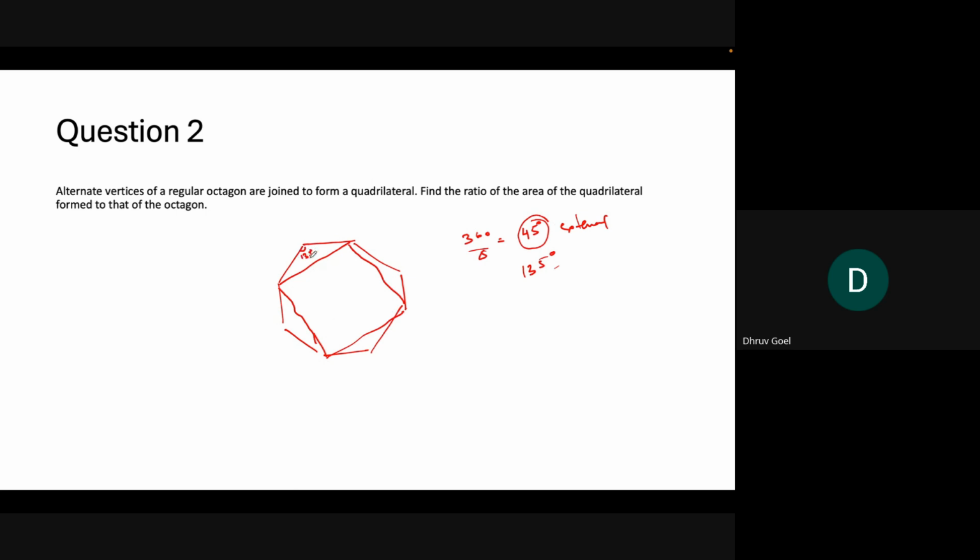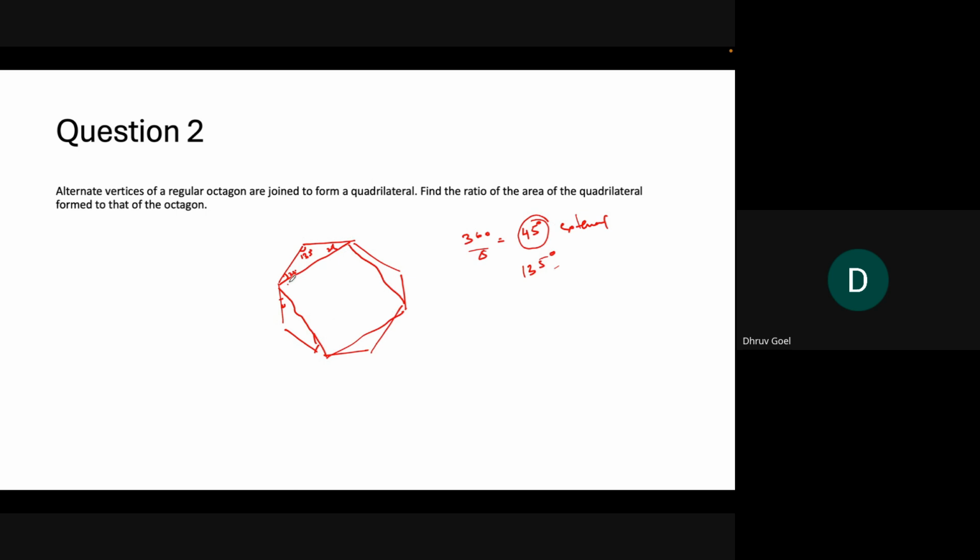In a triangle, the angles sum to 180 degrees and both sides are the same, so I can say this will be 22.5 degrees, and this will be 22.5 degrees. Similarly, with the help of symmetry, this is also 22.5, and this is also 22.5.